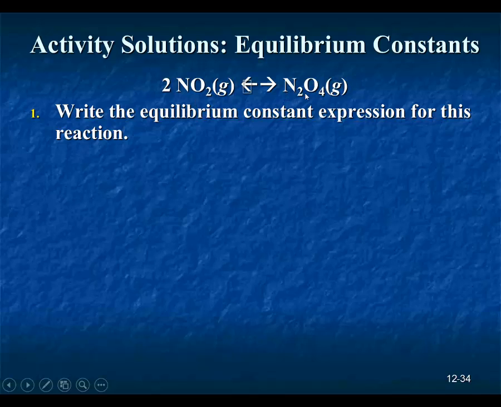So I'm going to show the dinitrogen tetroxide on the top of the expression in the numerator, and in the denominator, the bottom of my ratio, I'm going to see the nitrogen dioxide. So when I write the equilibrium constant, I have N2O4 over nitrogen dioxide. Since I have a coefficient of 2 for the nitrogen dioxide, I have an exponent of 2 for the nitrogen dioxide.